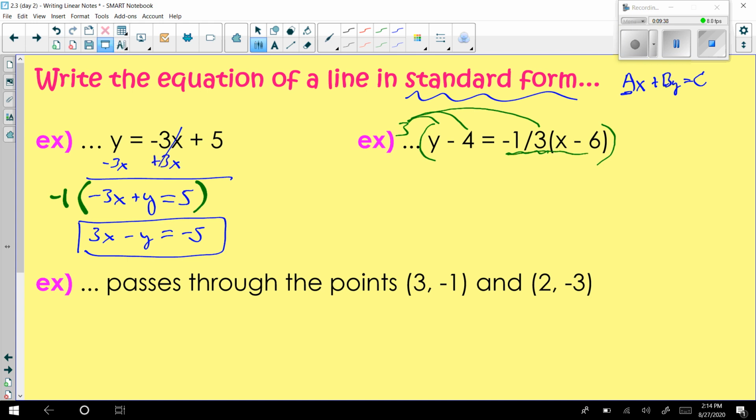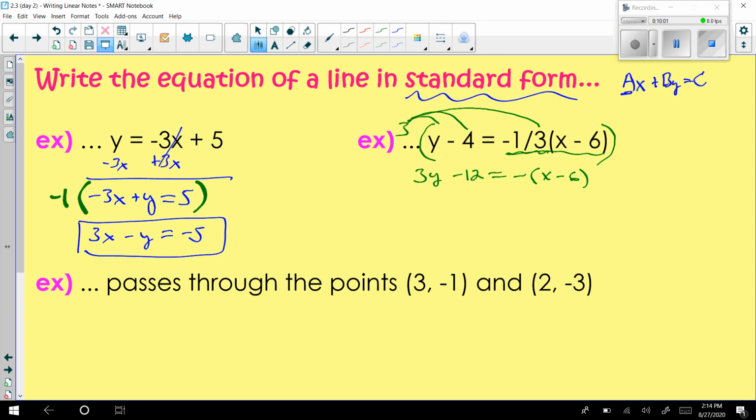This is all one term right here. Okay, so we get 3y minus 12. The reason I picked the 3 is because 3 and -1/3, the fractions cancel and we're just left with this negative out front, so negative the quantity x minus 6.